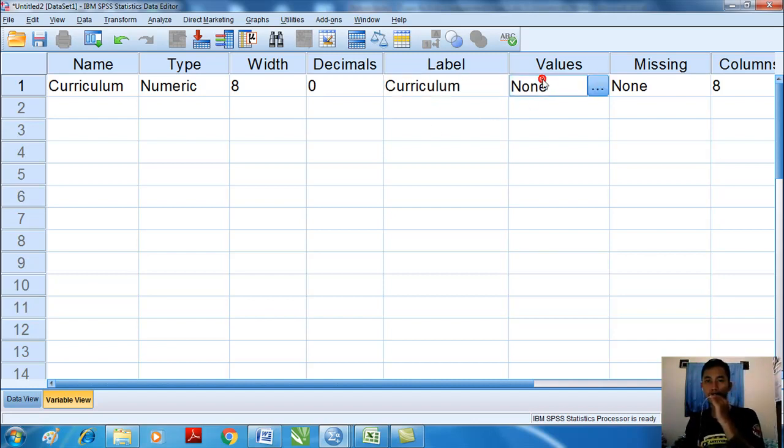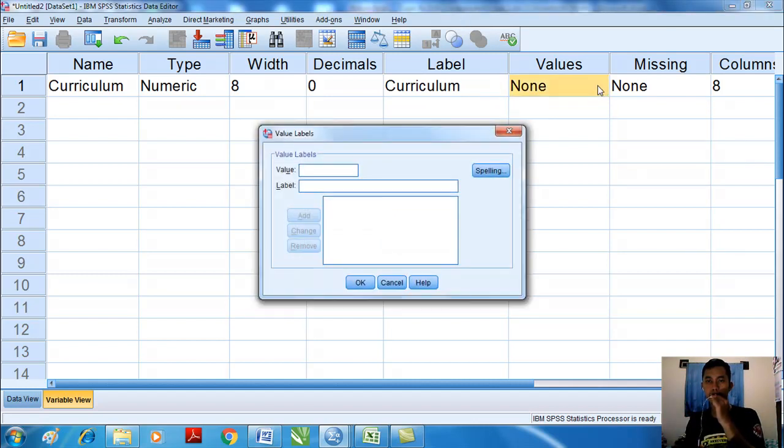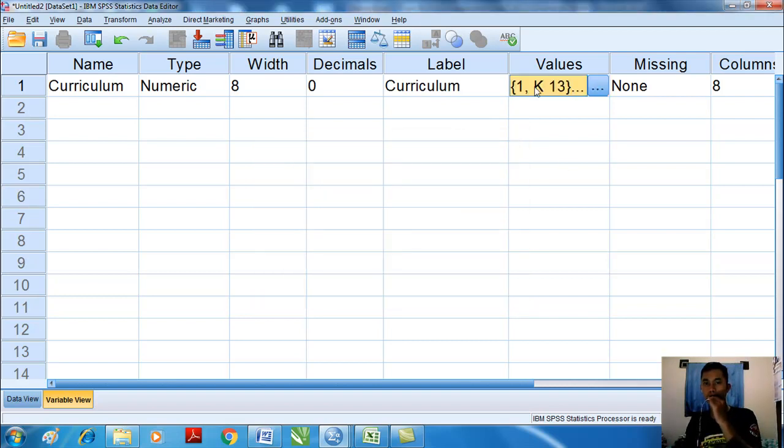Okay, come to the value. You have to count the value. Now type value 1 for K13 or curriculum 13, and the second one, type value 2 label KTSP. Now add and then click OK.